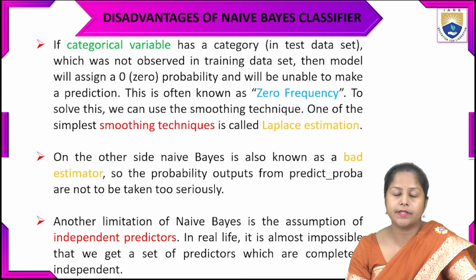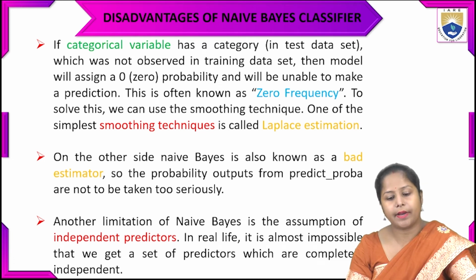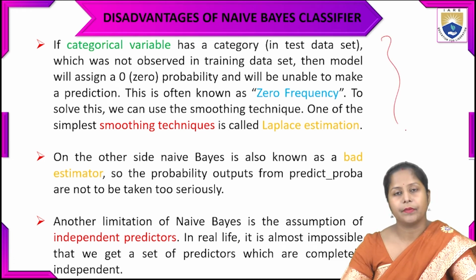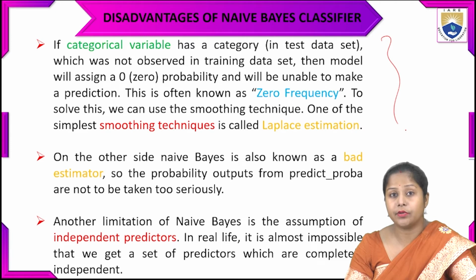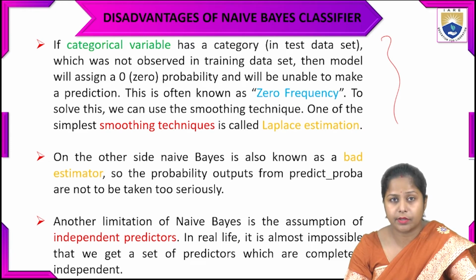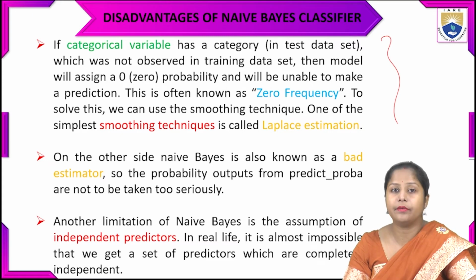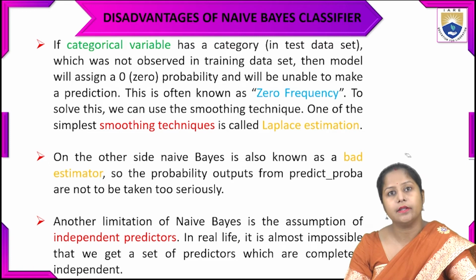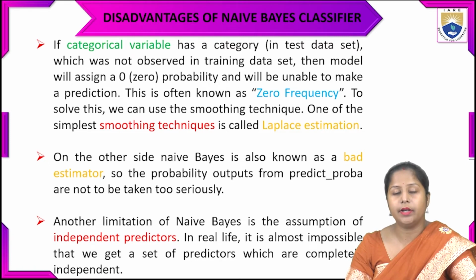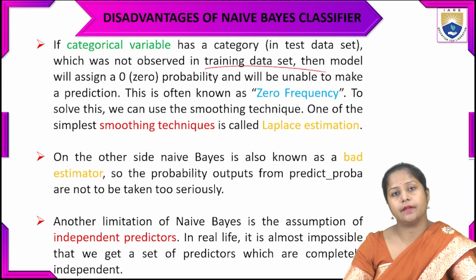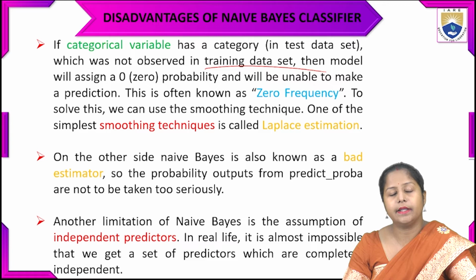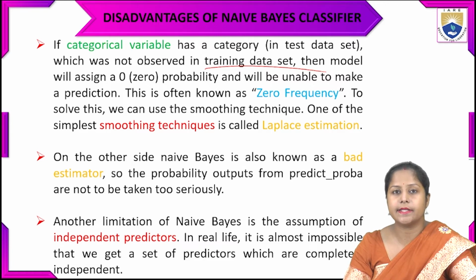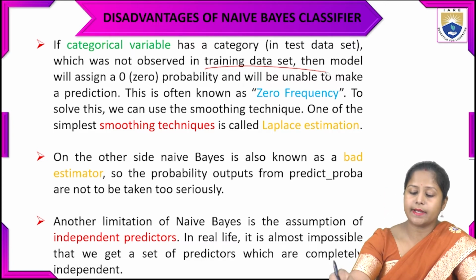What are the disadvantages of the naive Bayes classifier? If a categorical variable has a category in the test data set which was not observed in the training data set, the model will assign a 0.